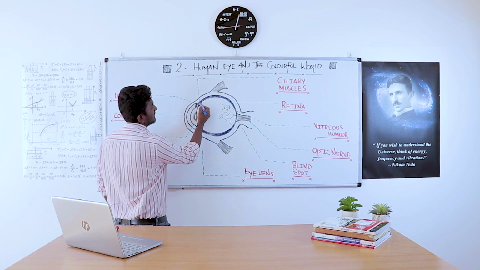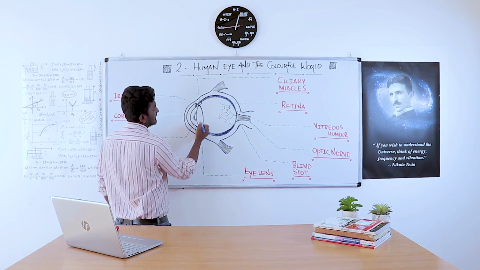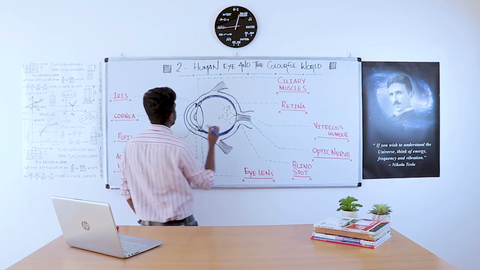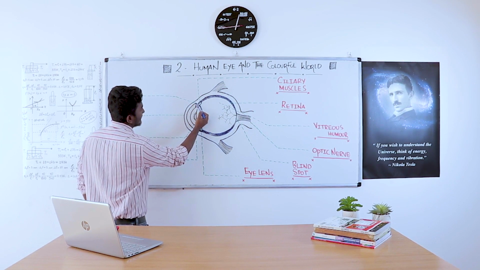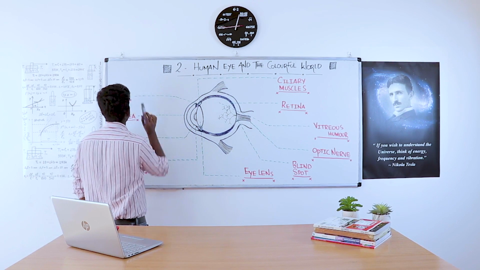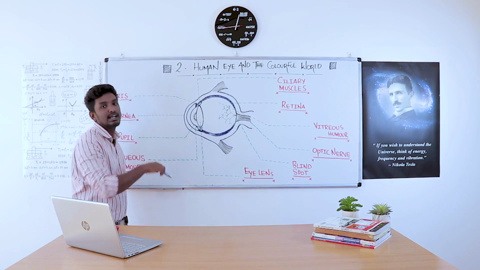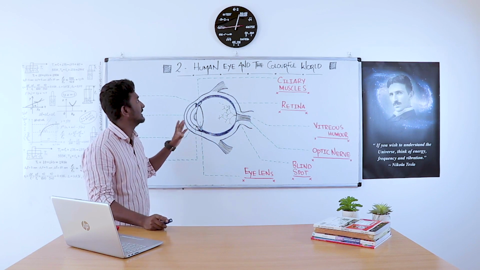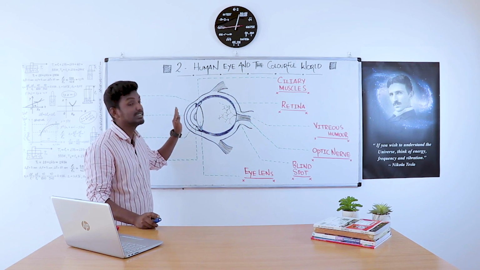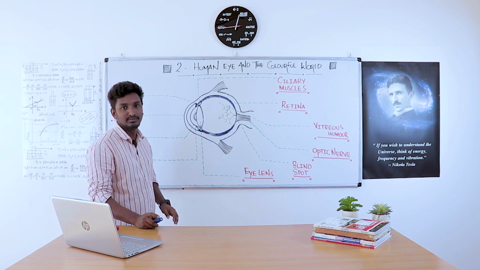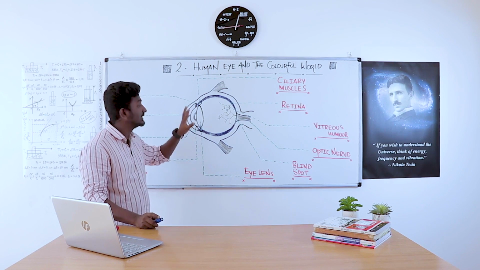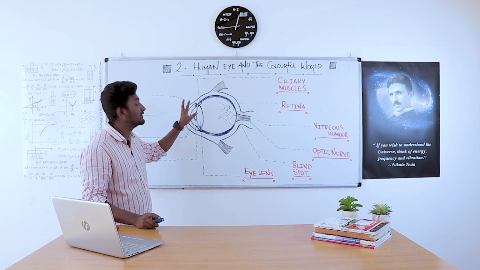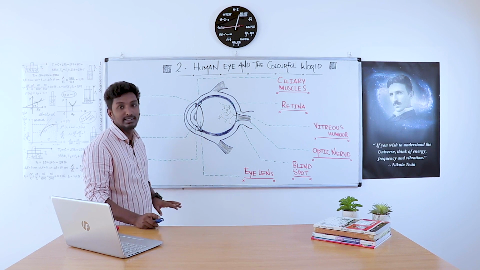These small muscles on both sides are the ciliary muscles. And here there is a dark region, this is the iris. So these are all the parts in the human eye. We need to mention the functions of all the parts. Just look at the figure and identify the parts and where they are marked.